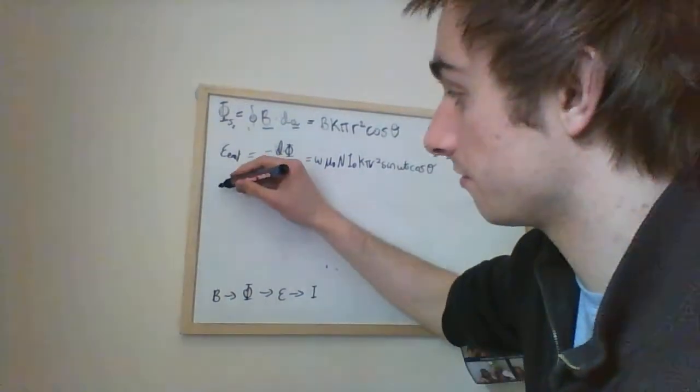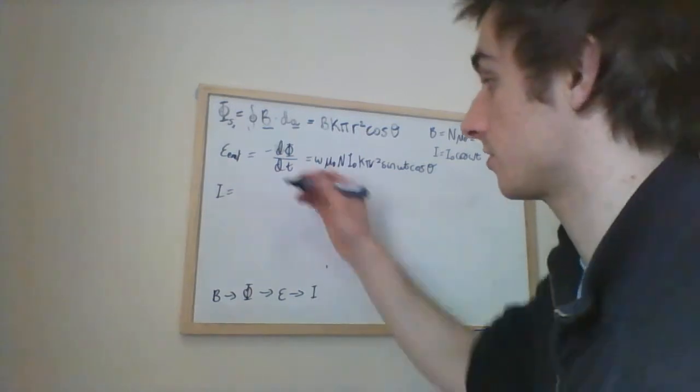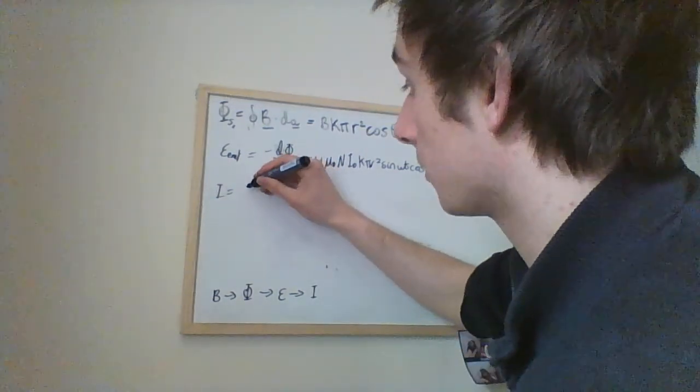And then to find the current going through this second solenoid that's inserted into our first solenoid, we just divide by R again.